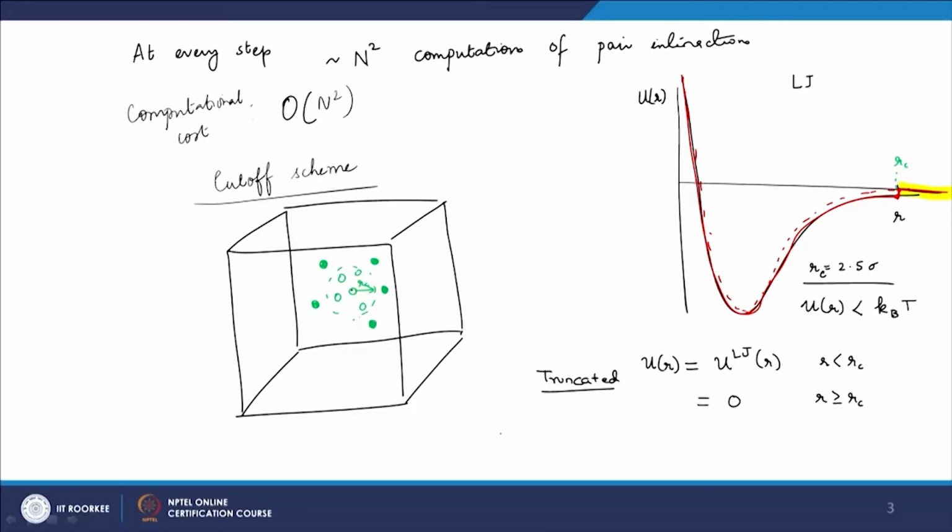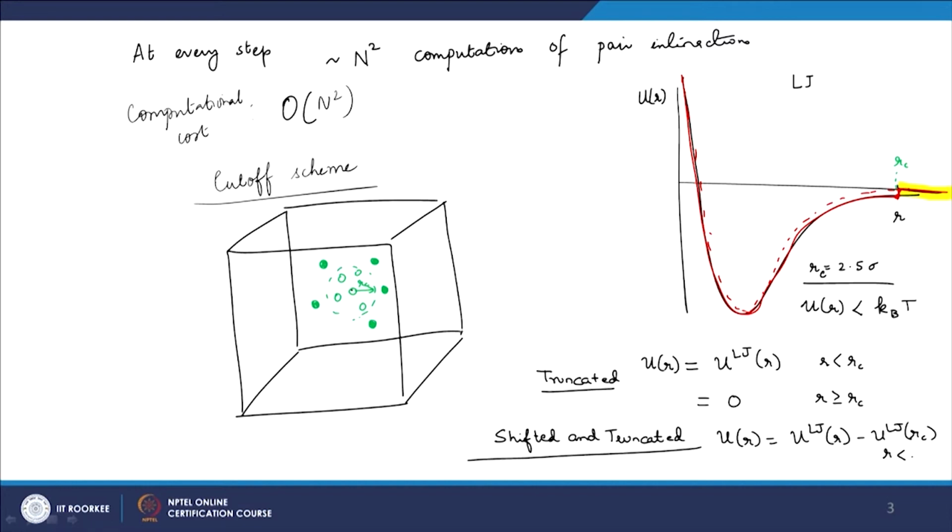So, in that case what we use is known as a shifted and truncated potential, which is given like the R value minus RC value for R less than RC, and it is 0 anywhere for R higher than or equal to RC. So, now it is continuous, and now that problem is gone.